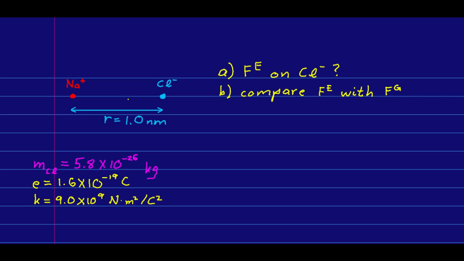Let's start off with a very easy calculation and just find the size, the magnitude, of the electrical force exerted on a chloride ion by a sodium ion. So let's say these are in solution. It would be fairly common in a salt solution for these ions to be about a nanometer apart. And I'll just note that we're ignoring lots of things.